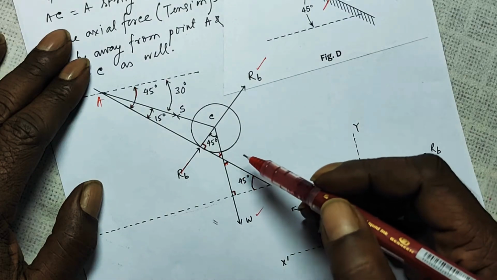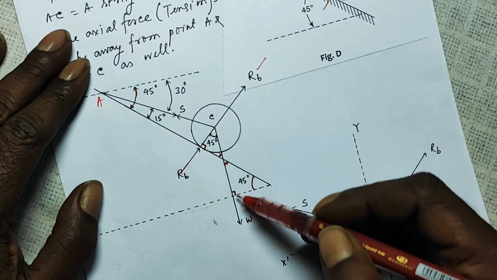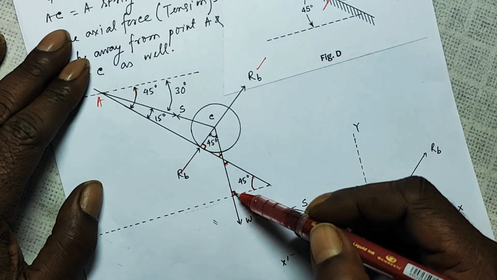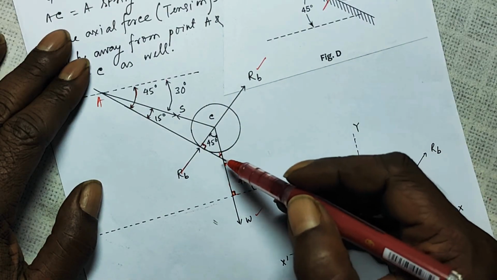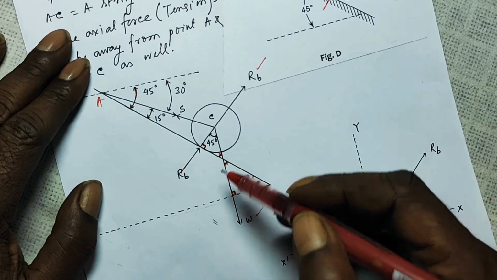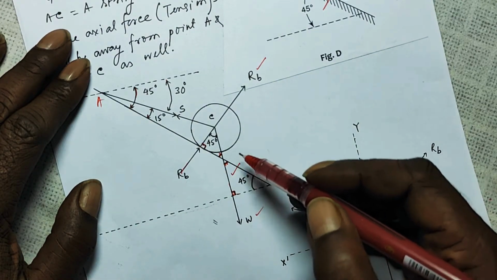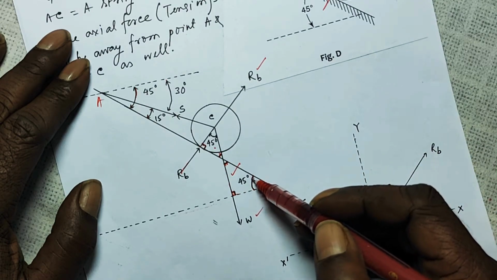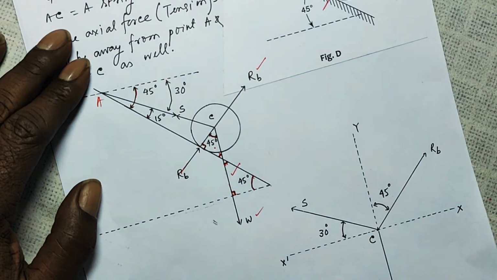So if you compare these two triangles, this triangle and this triangle, 90 here in this triangle and 90 here in this triangle, and this angle is equal to this angle. So the remaining angle of this triangle and this triangle will be equal, and the remaining angle here is 45, so this remaining angle will also be 45.